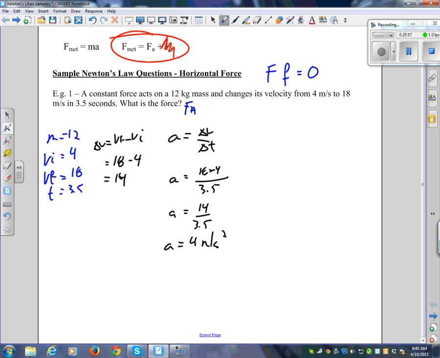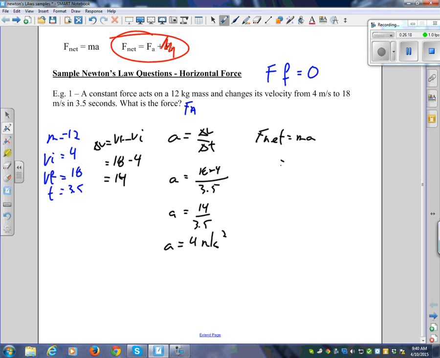Okay, now remember our plan here. What was the acceleration? What's the next step? F net equals ma. And that means meters per second squared.